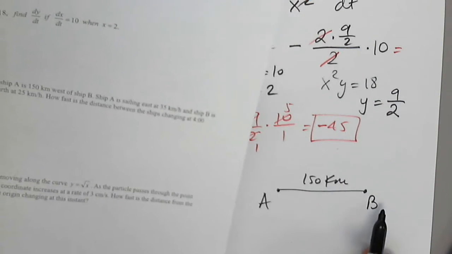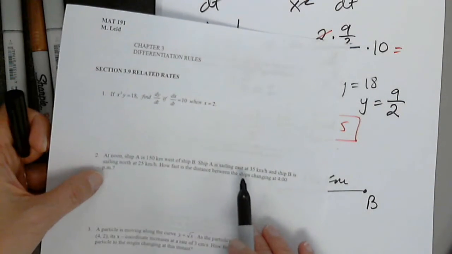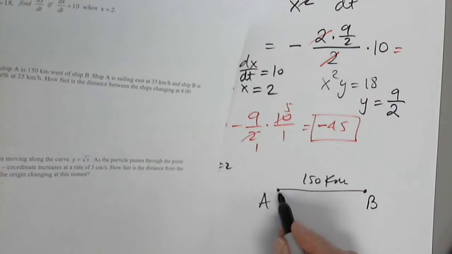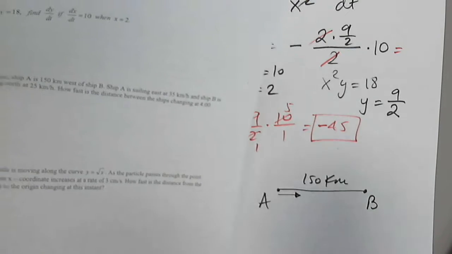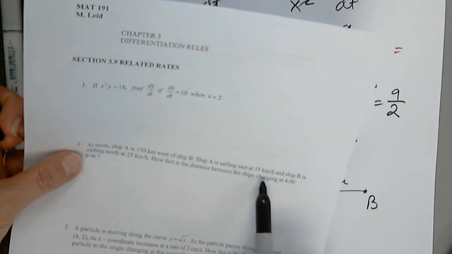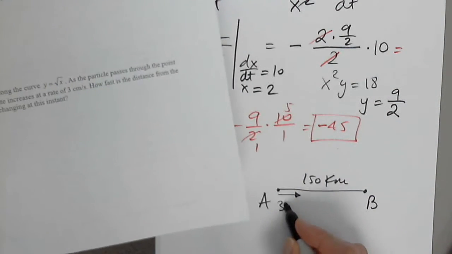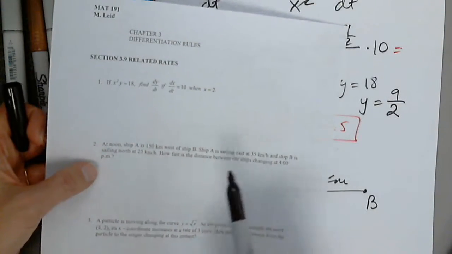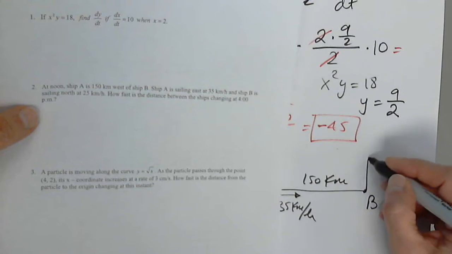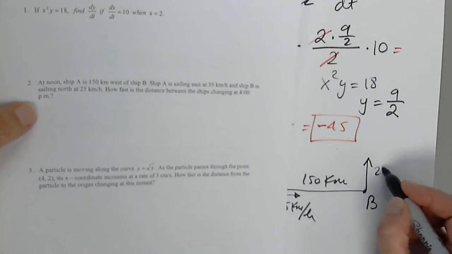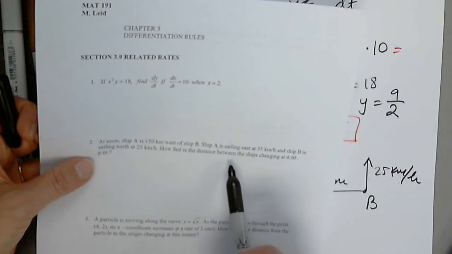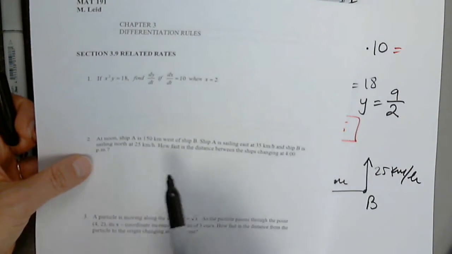A is sailing east, so A is going this way, at 35 kilometers per hour. Meanwhile, B is sailing north at 25 kilometers per hour. How fast is the distance between them changing at 4 p.m.?